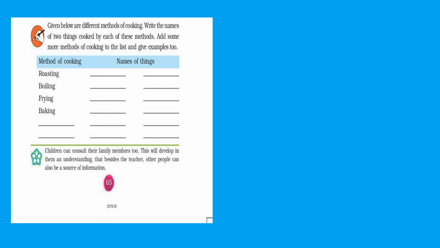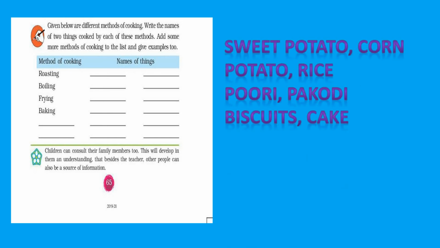Here is the next question. Given below are different methods of cooking. Write the names of 2 things cooked by each of these methods. As we have described the cooking methods in the previous video so that you can write answers easily. And examples are also given here. Sweet potato, corn are the food items that are cooked by roasting.